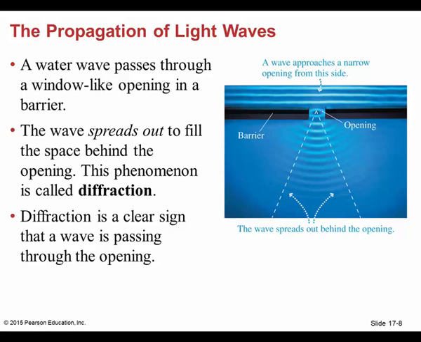All right, so notice it hits the barrier. Notice how they diffract, okay? Notice how they spread out when they hit the opening, okay? So this spreading out, or what looks like bending, is called diffraction, okay? And it's very obvious when we see this that light is being passed through an opening, okay?